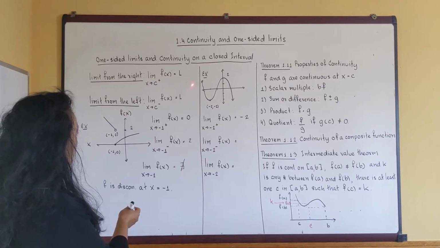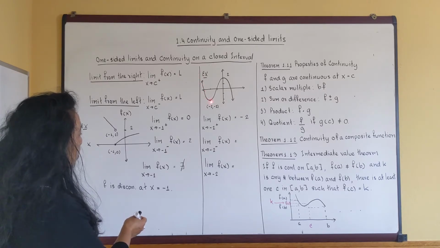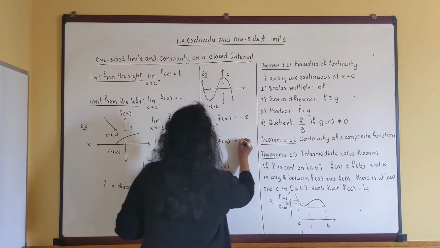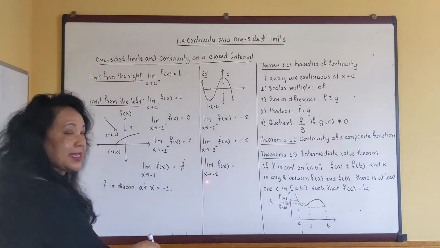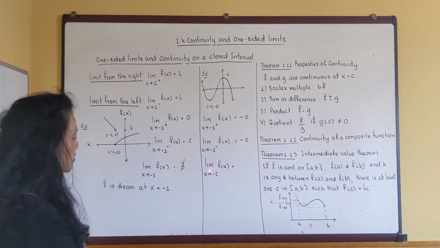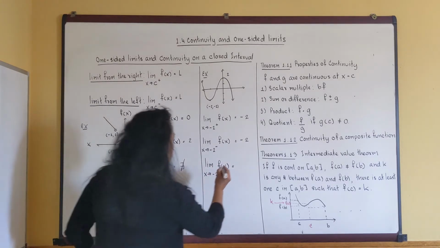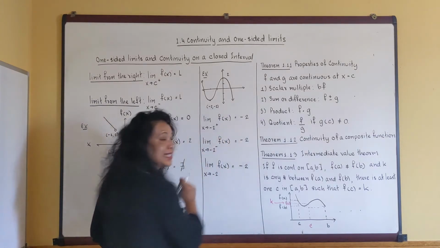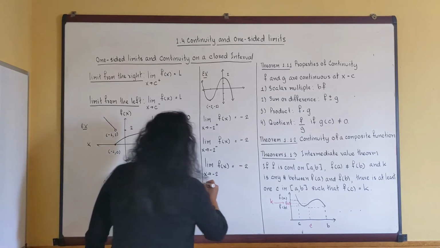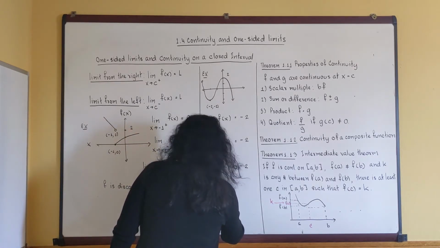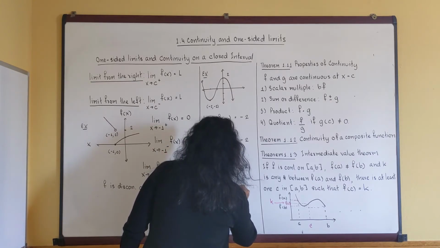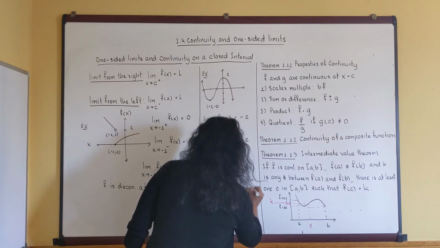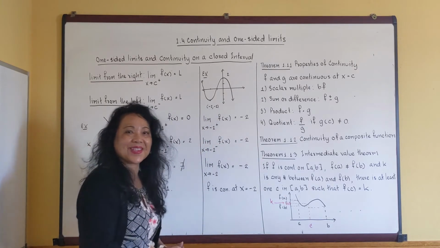You start from the left, follow the graph from the left, f of x will also be -2. So the limit as x approaches -2 from the left and from the right is equal to -2. We have the same number. So f is continuous at x equal -2. Okay.